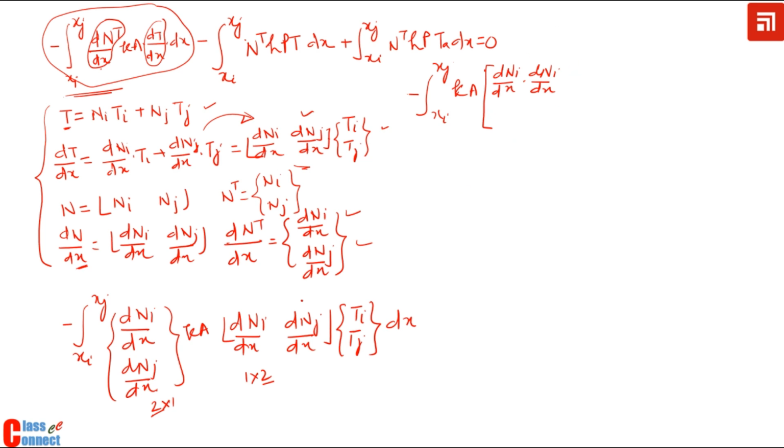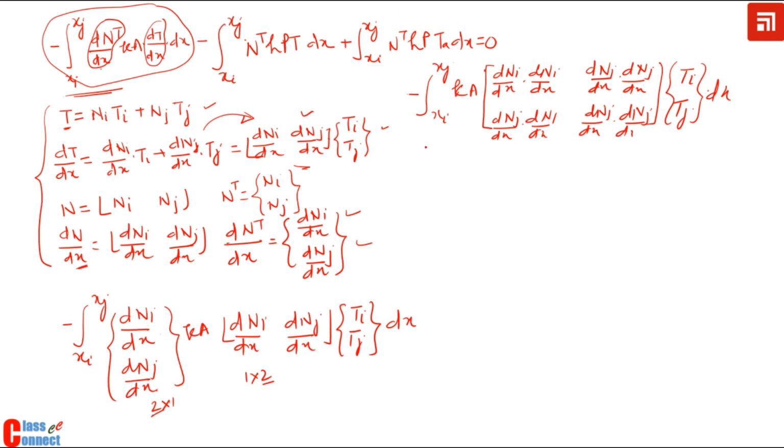Next, this is to be multiplied by this, so it is dNi over dx dNj over dx, and here it is dNj over dx multiplied by dNi over dx, and here it is dNj over dx and dNj over dx. So this is what I get after multiplying these two, and k I have taken common here, and this is Ti and Tj.